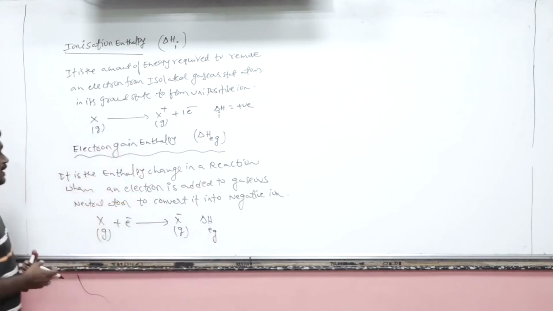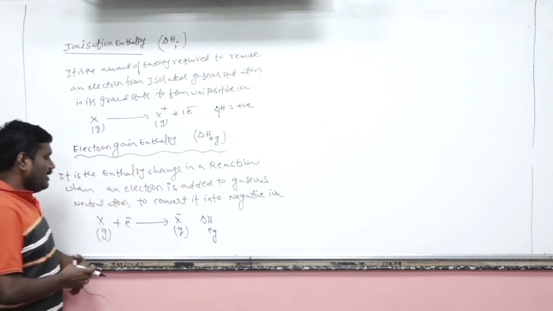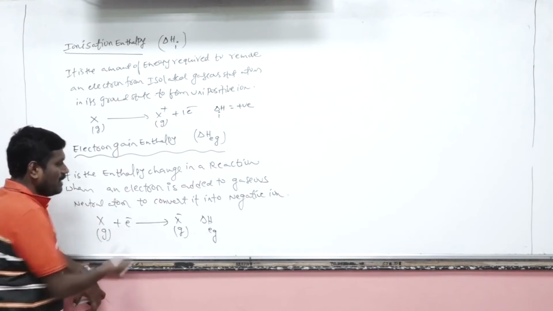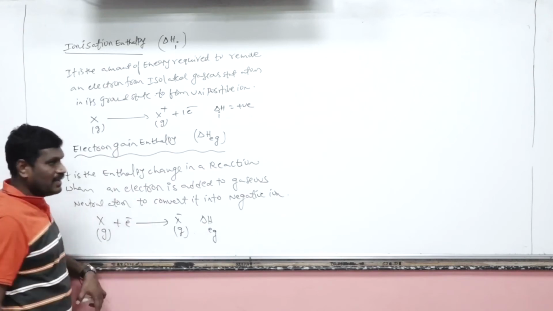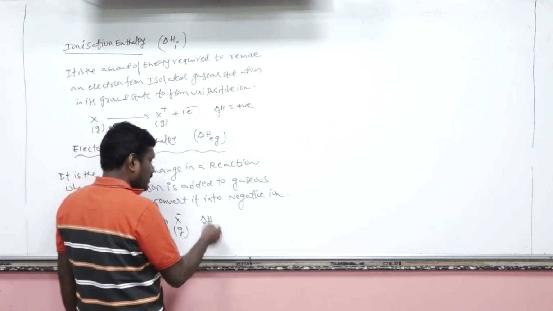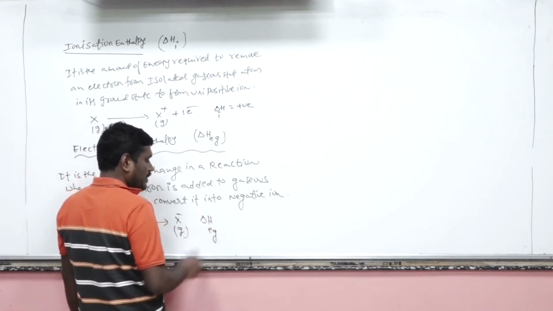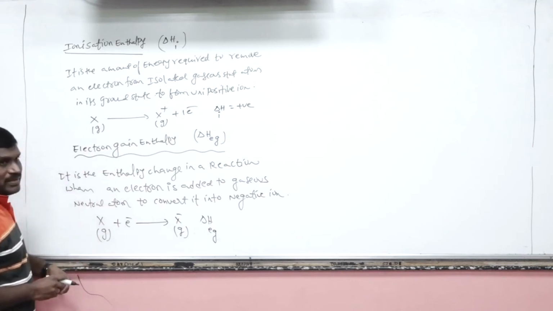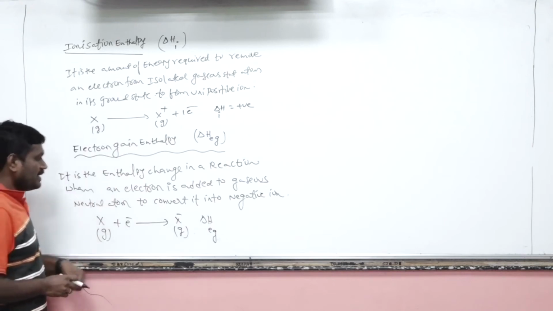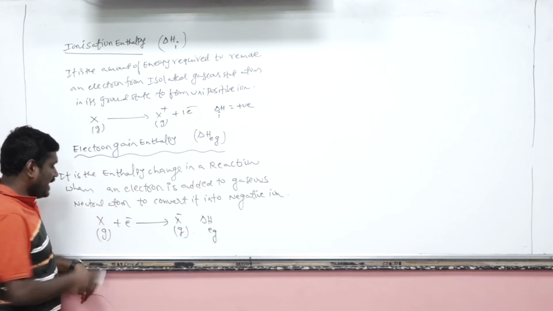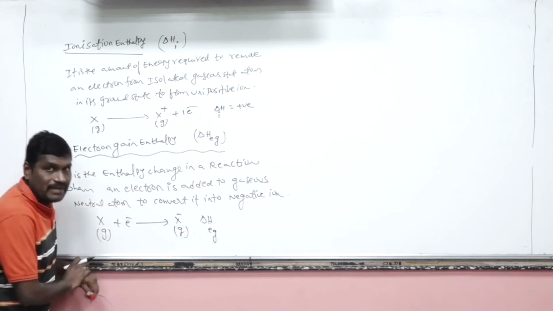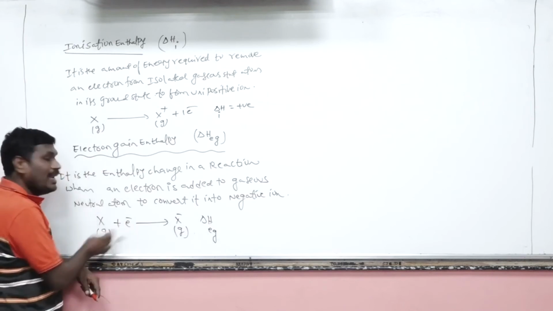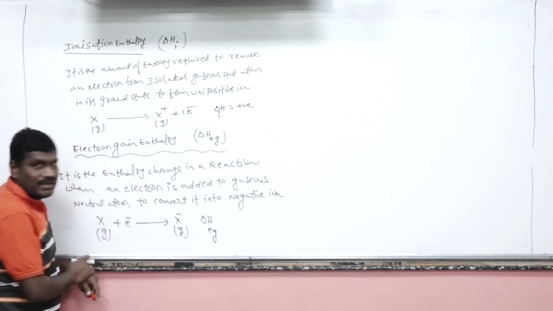Now the first electron gain enthalpy. Suppose I am adding one more electron, that will be the second electron gain enthalpy. This value may be positive or negative. We cannot say 100% it is endothermic or exothermic. In case of halogens, they have 7 electrons in the valence shell, so they try to acquire one more electron in order to complete their octet configuration.